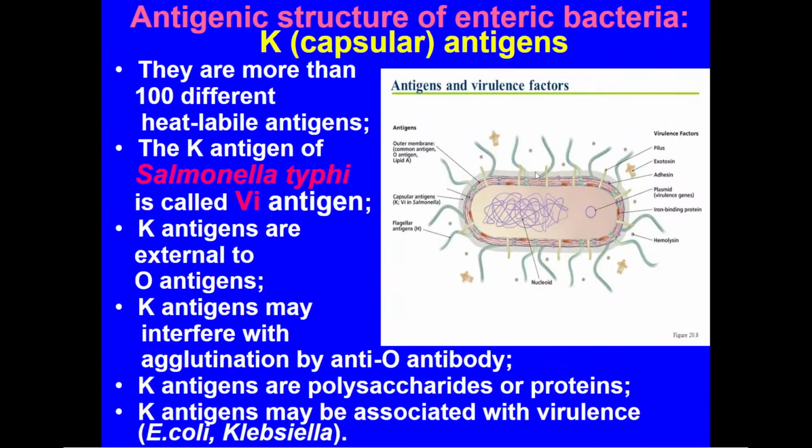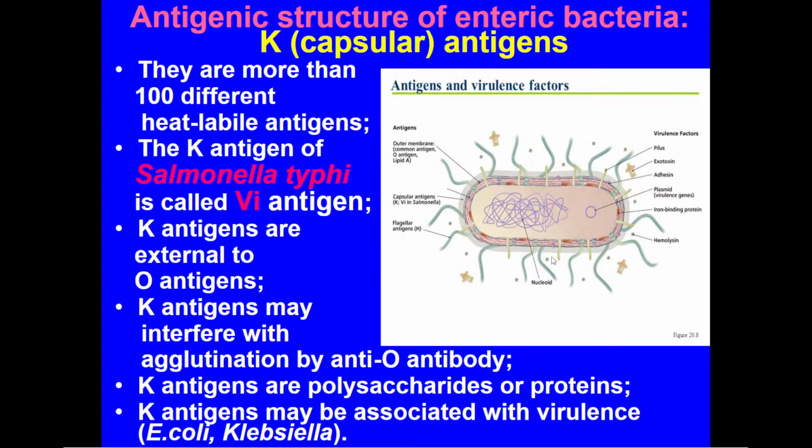But then, if you take a look at gram-negative Enterobacteriaceae, somewhere here we have the somatic antigen, right? Right here. But then some bacteria may produce a capsule, as we said.